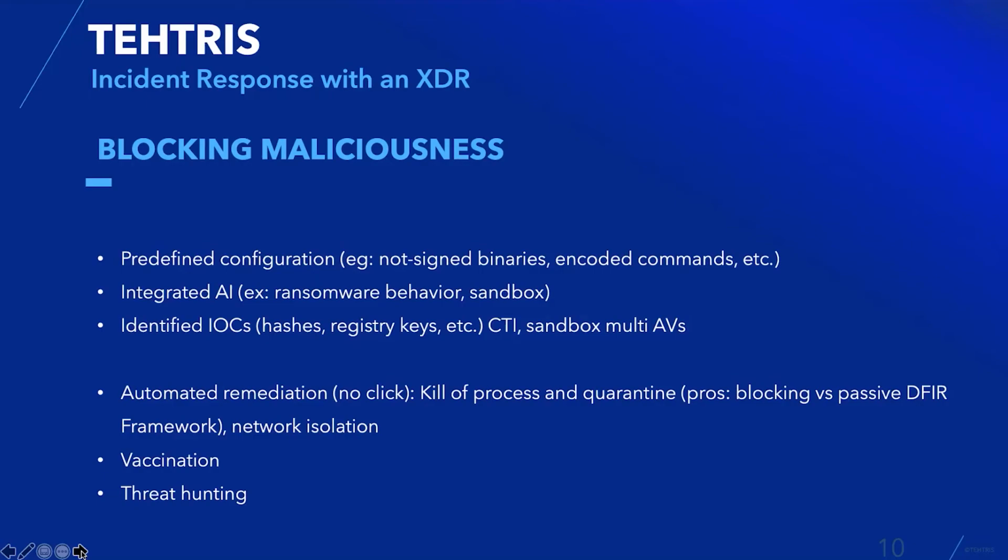We will be able to trigger alerts on encoded commands that are often used with PowerShell, and so on. We will use our integrated artificial intelligence, for example, to detect ransomware behavior automatically, to analyze the binaries with a sandbox.